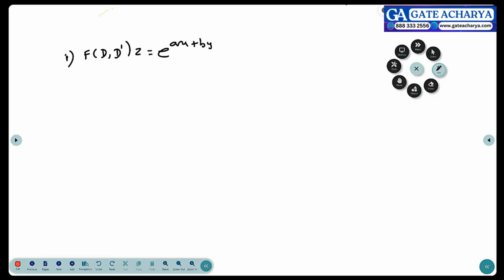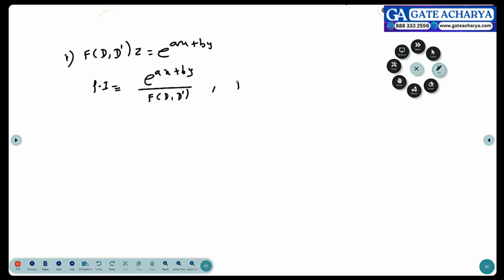In this case, particular integral is e power ax plus by divided by function of d comma d dash. அங்க செகண்ட் டைப் இதே மாதிரி போட்டிருக்கோம். 1 by f of d e power mx. இப்போ d க்கு பதிலா m ரீப்ளேஸ் பண்ணுவோம். பட் இங்க d க்கு பதிலா a யும் d dash-க்கு b யும் ரீப்ளேஸ் பண்ணுவோம்.